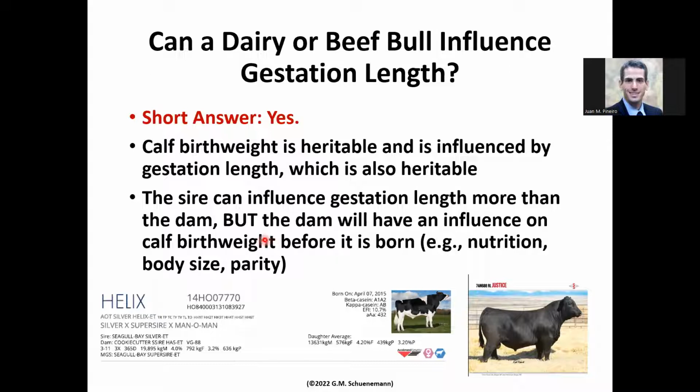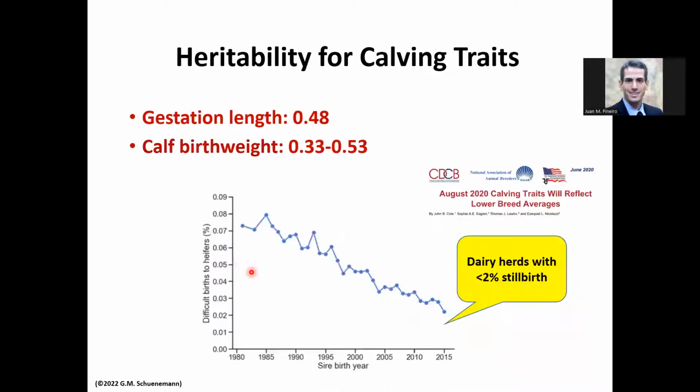But the dam will have an influence on calf birth weight before it is born, and this is due to nutrition, body size, so larger cows are going to have larger calves, and parity. So the more mature the cow, you could expect a little heavier calf. But the short answer to this question is yes, it does have an effect.